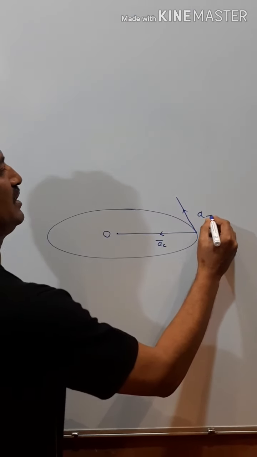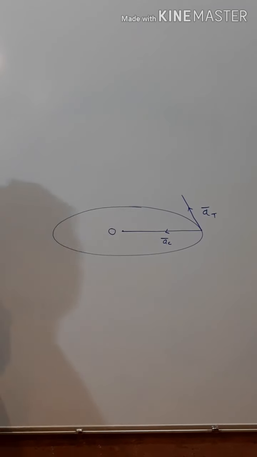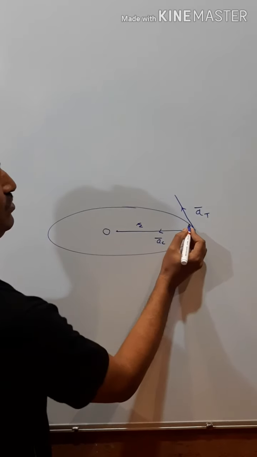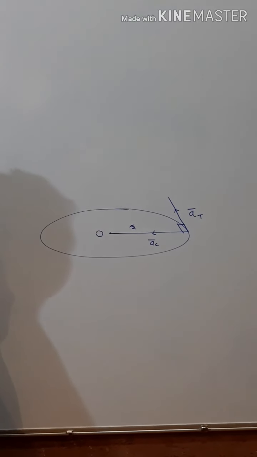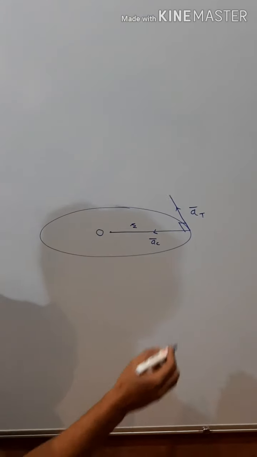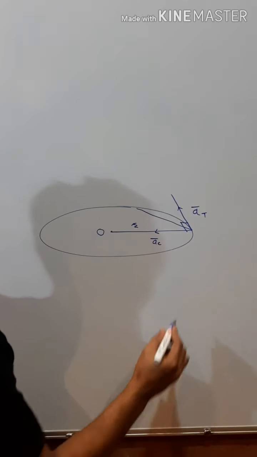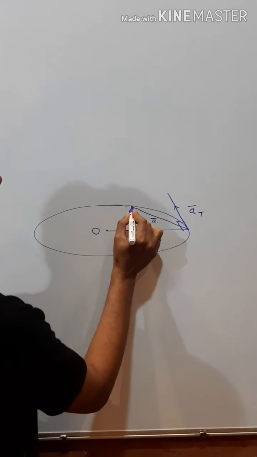It is represented by AT bar. As it is along the radius and it is along the tangent, the angle between them is 90 degrees. Therefore, the resultant acceleration is represented along the diagonal and it is represented by A bar.